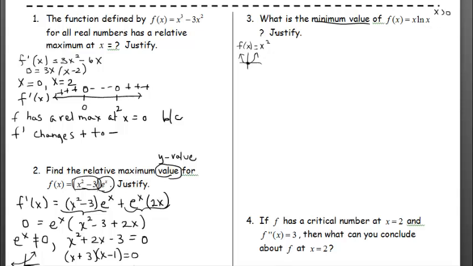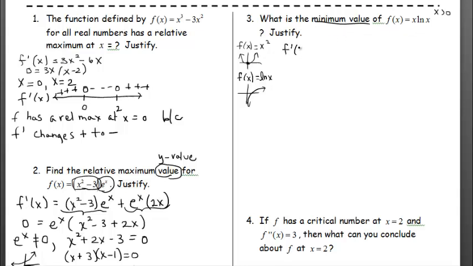If you think about the natural log of x graph, I'll put that here. It has this shape. So we know at least that our x value is going to have to be greater than 0.